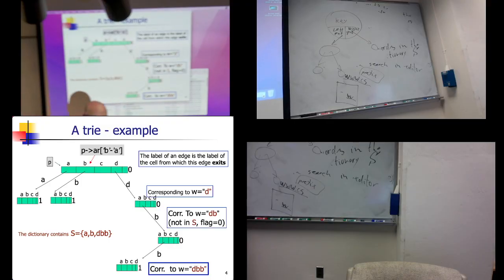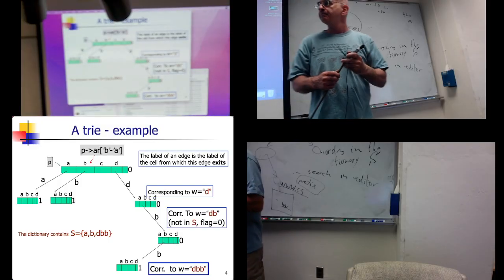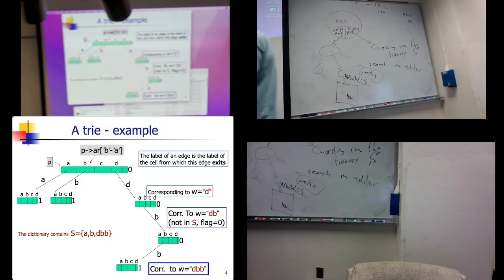And if you think about it, every leaf of this tree will have a flag of 1. You'll understand why in a second. Make sense?